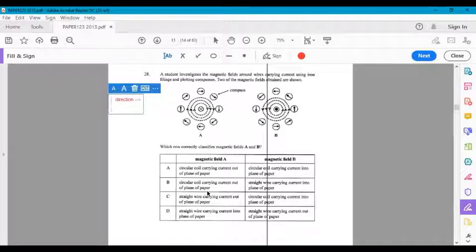And then we're going to be applying the right hand grip rule to determine two things. We need to know the direction of the current along the wire, and we need to know the direction of the field, okay?